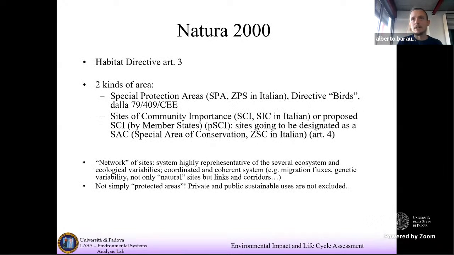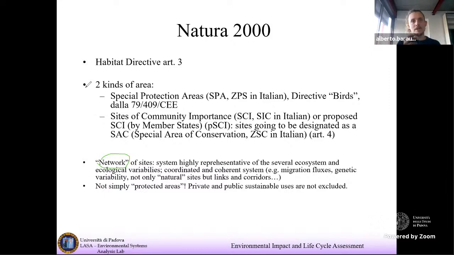I want to spend a very short word about why we speak of the Natura 2000 network as a network, okay? A network is meant to stress the fact that you have many sites that are not thought of in isolation, but as a system of interacting sites.